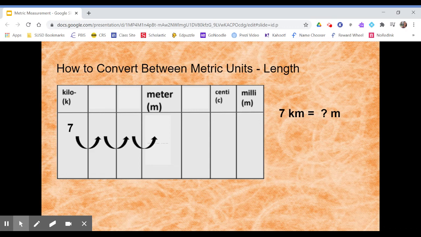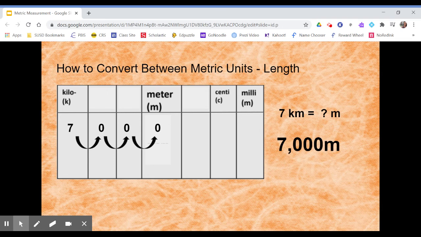We can see it would take us 3 jumps to get to the meter column, which means we're moving the decimal to the right 3 times, which means we're going to have to add 3 zeros, which means that our final answer is going to be 7,000 meters.